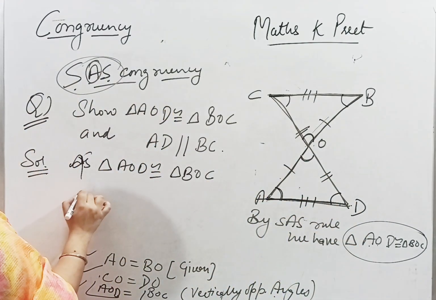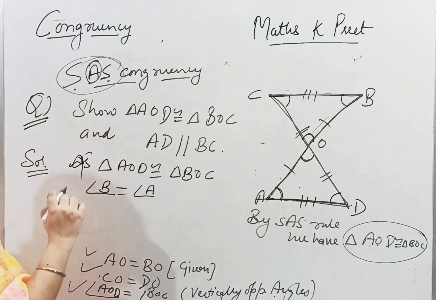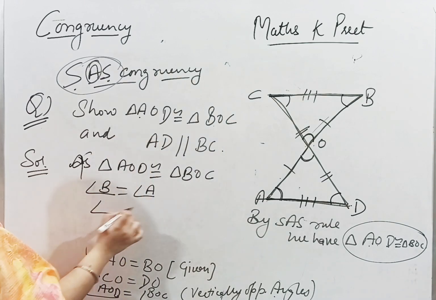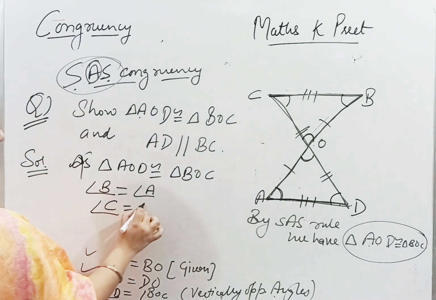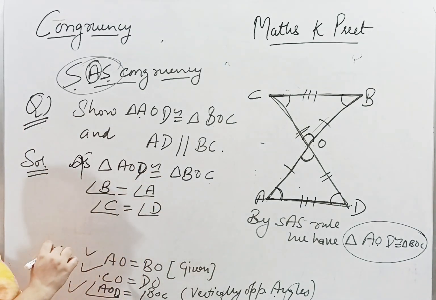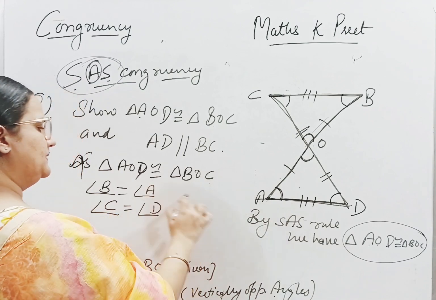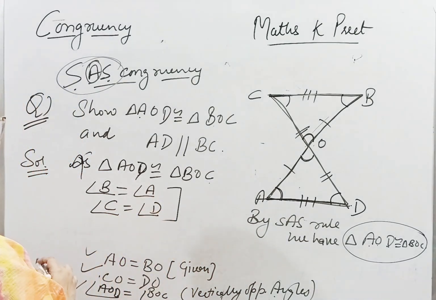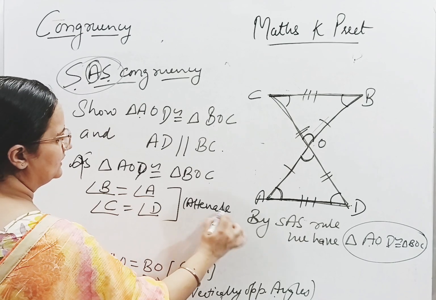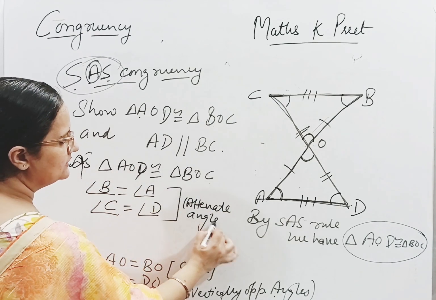Angle B is equal to angle A, check the correspondence always, BA we can write, and angle C is equal to angle D. Yes, C and D are corresponding vertices. Why? Because these two triangles are congruent to each other, so these angles will be equal. Now what are these angles? Alternate angles. I have written this through the congruency, but we are getting the alternate pair of angles.